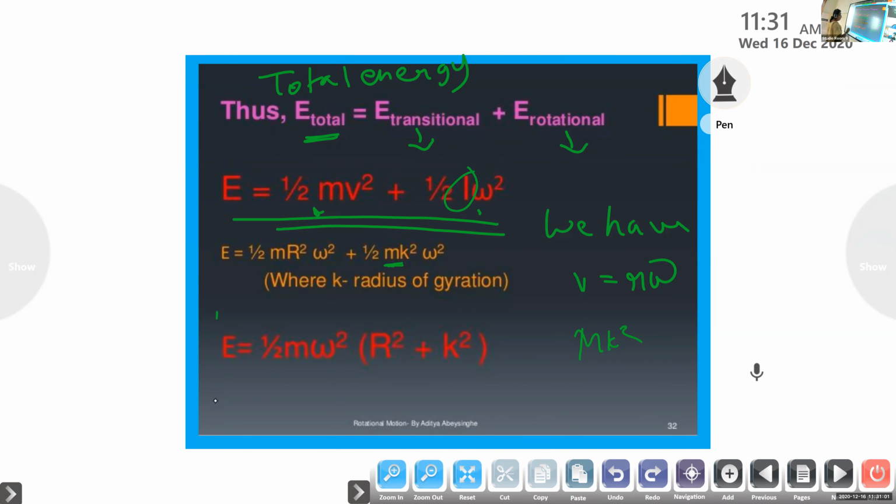Take it out. Finally, you are getting an equation: total energy in rolling motion is equal to half M omega square into R square plus K square.